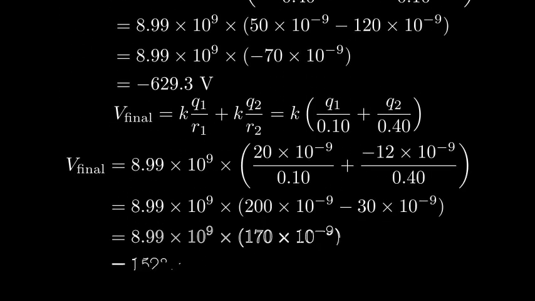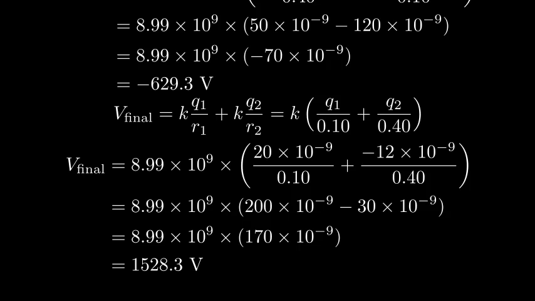Plugging in our values, V final equals 8.99 times 10 to the ninth times the quantity 20 times 10 to the minus 9 divided by 0.10 plus negative 12 times 10 to the minus 9 divided by 0.40, equals 8.99 times 10 to the ninth times the quantity 200 times 10 to the minus 9 minus 30 times 10 to the minus 9, equals 8.99 times 10 to the ninth times 170 times 10 to the minus 9, equals 1,528.3 volts.